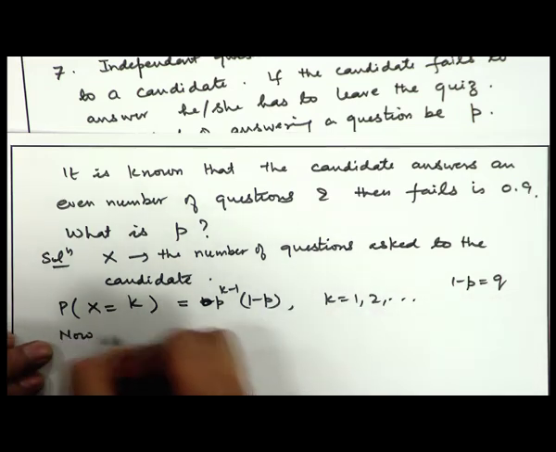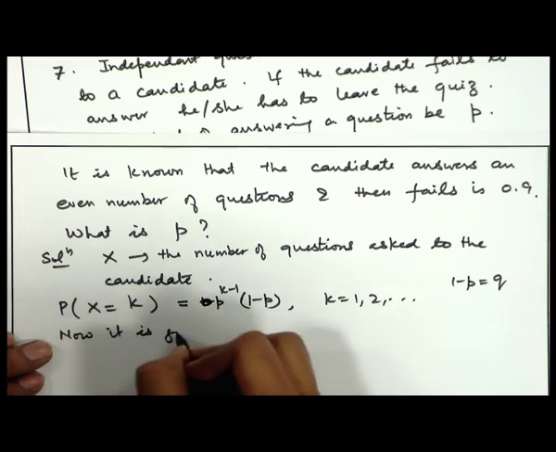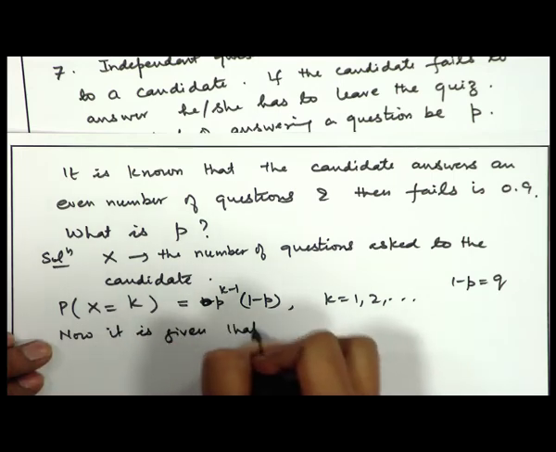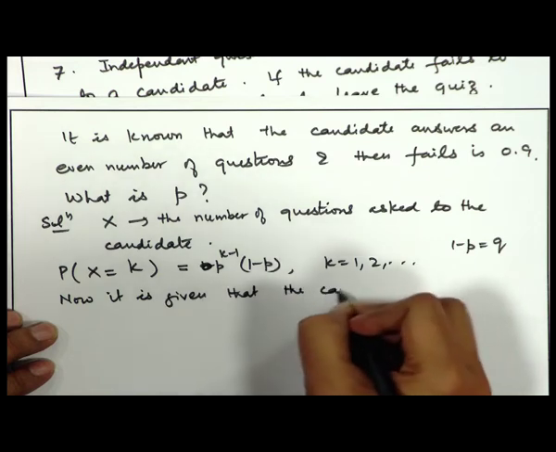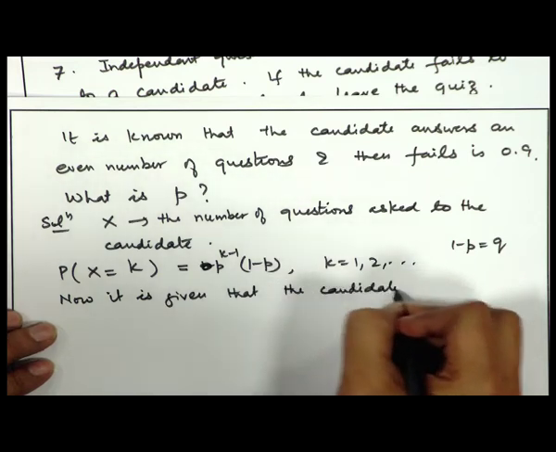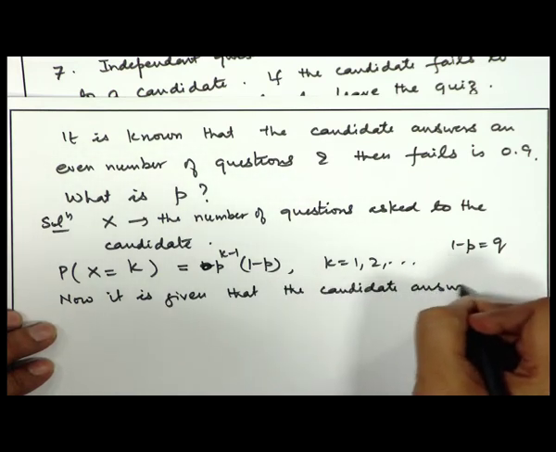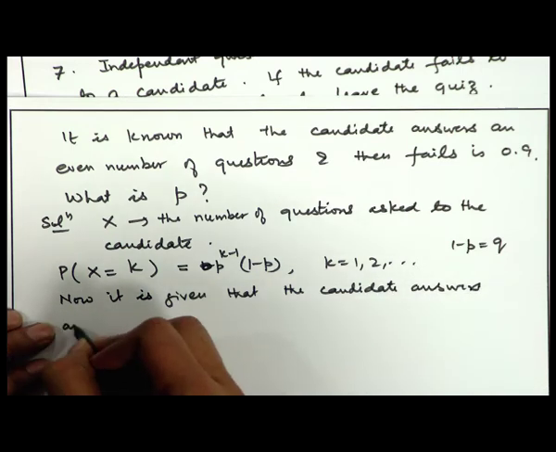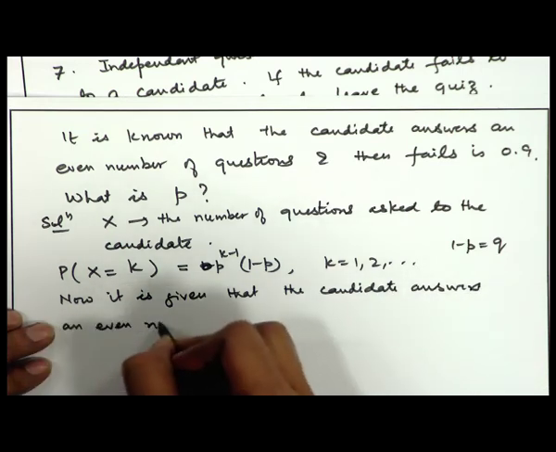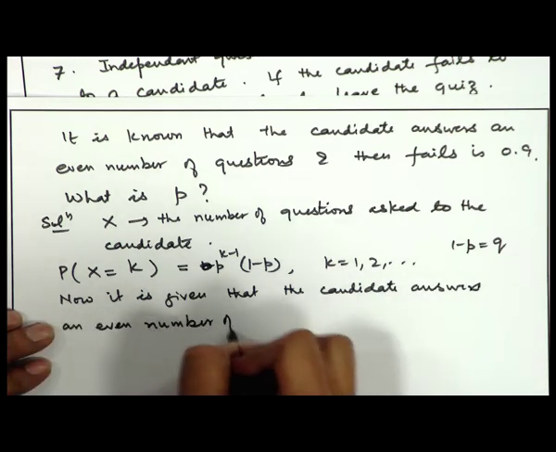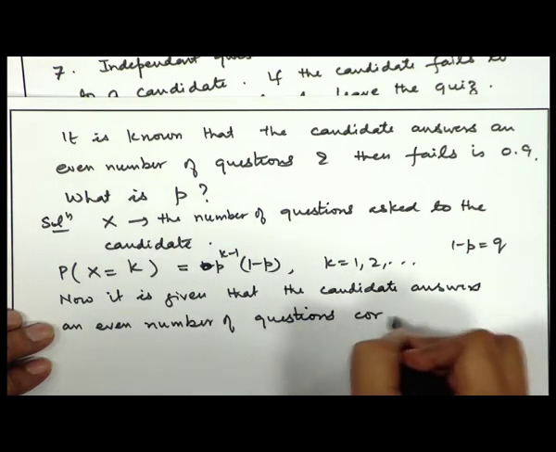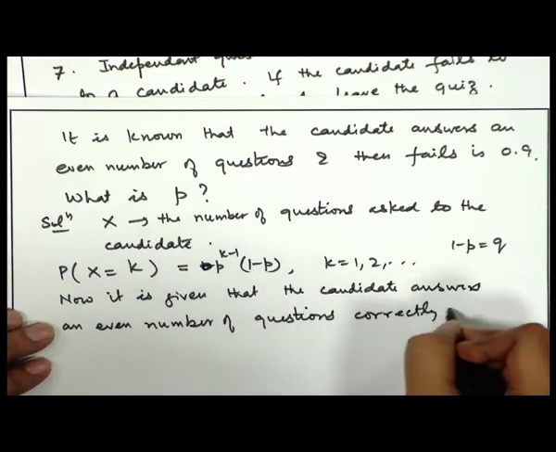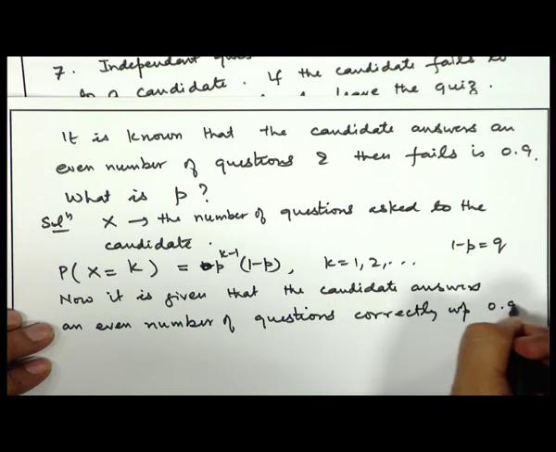Now, it is given that the candidate answers an even number of questions correctly with probability 0.9.